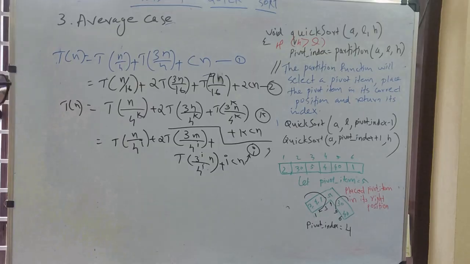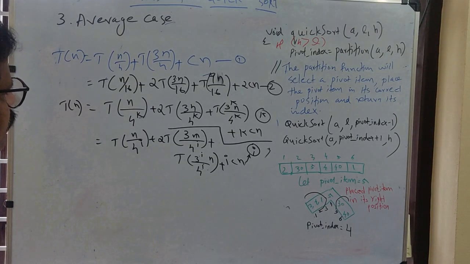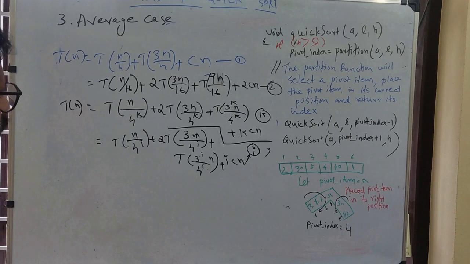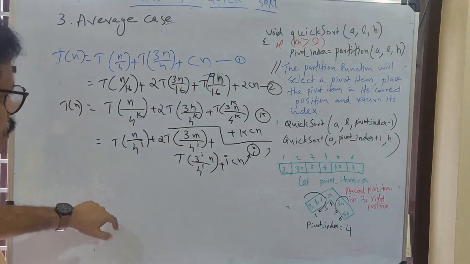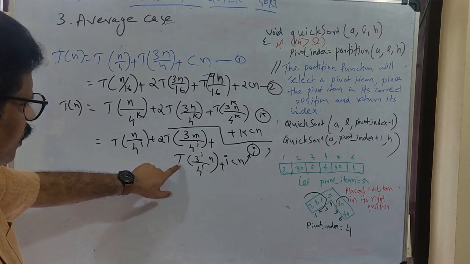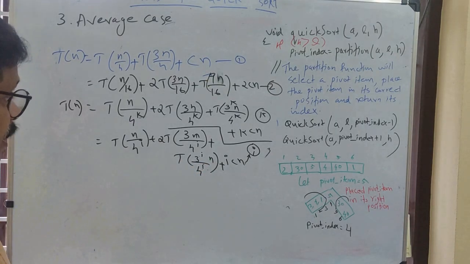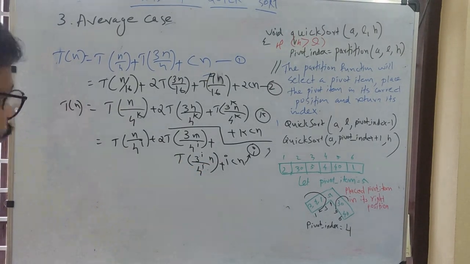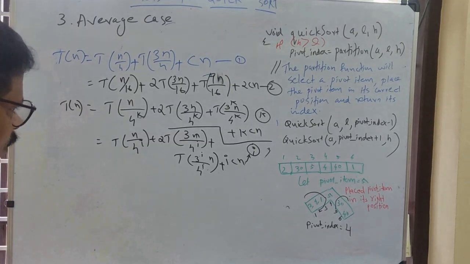Remember the tree. The leg with the maximum number of elements is this one, T(9n/16). So T(3^i n/4^i) will be the dominating term in this equation.